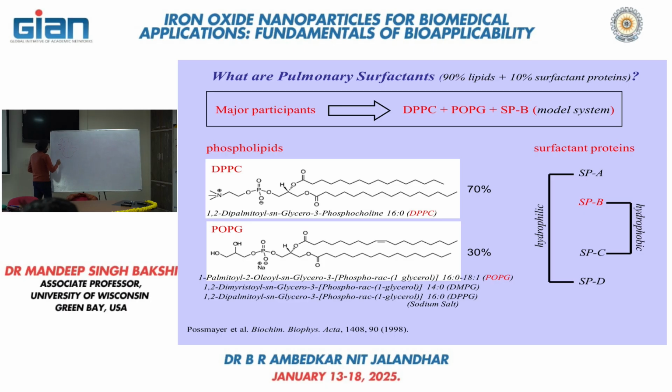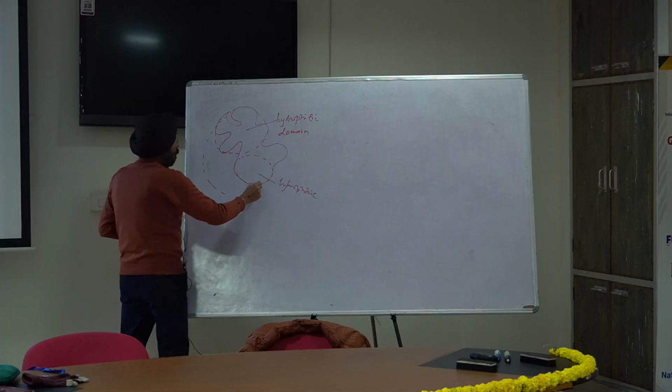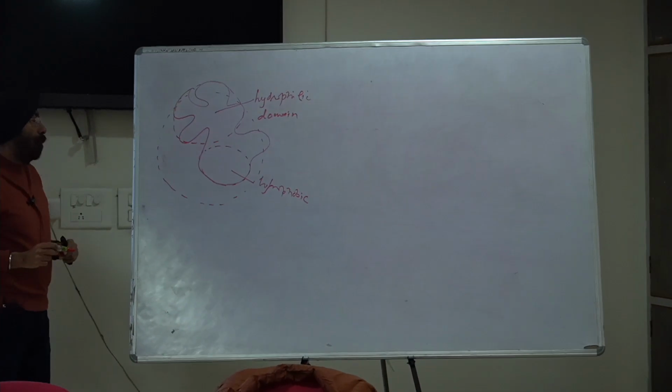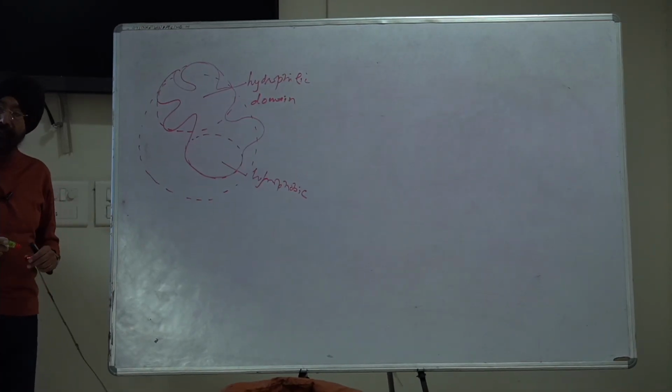So you may have somewhere over here predominantly hydrophilic and hydrophobic domains. If I say this is a hydrophilic domain and this one is hydrophobic, sometimes the hydrophobic domains are hidden inside the protein aggregate structure by the hydrophilic domains.